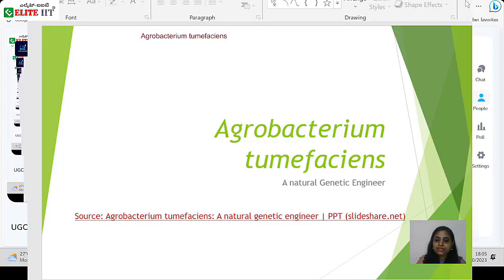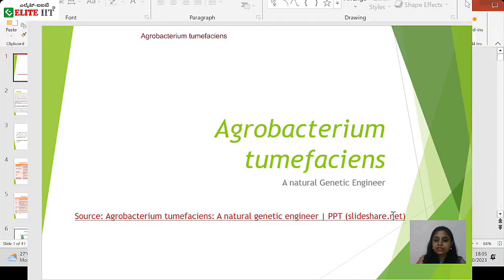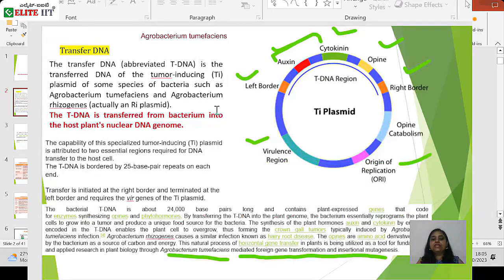So Agrobacterium tumefaciens is the natural genetic engineer. Okay. So let's talk about this bacteria, how it is useful. Already I have discussed this thing, right, Lakshmi? Transfer DNA, TI plasmid.